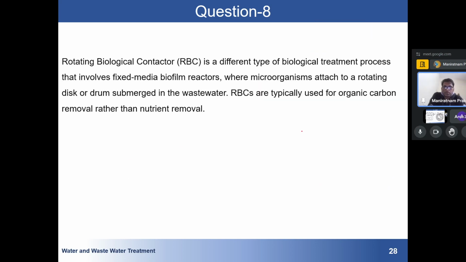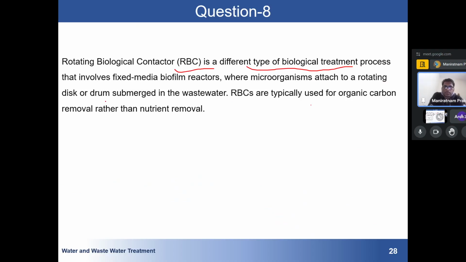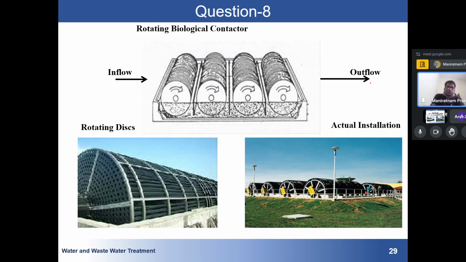But remember this RBC, that is rotating biological contactor, a different type of microbial treatment process that involves a fixed media biofilm reactor, where microorganisms are attached to a rotating disc or drum submerged in wastewater and used for organic carbon removal. So the answer will be D.